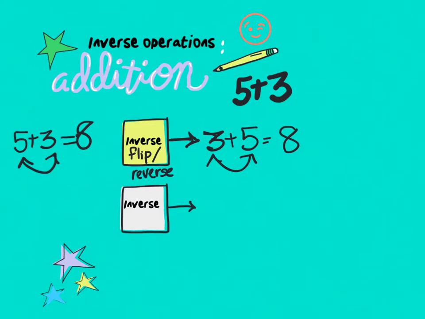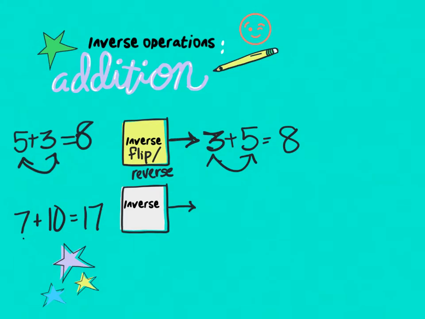Okay, so let's try that again. Let's do a different one. Let's do 7 plus 10. Okay, so 7 plus 10 is equal to 17.